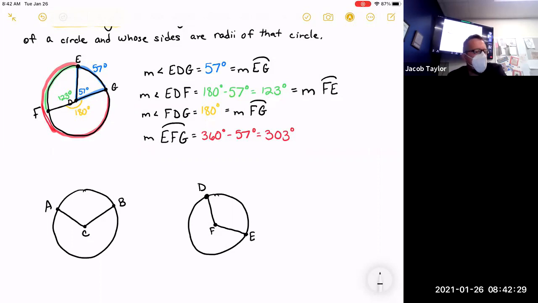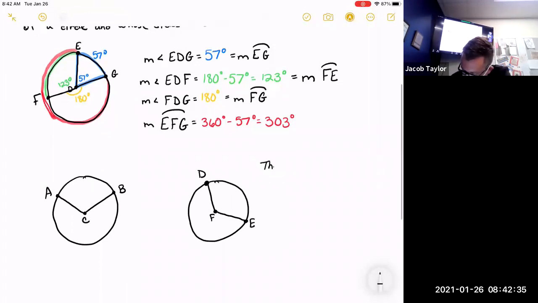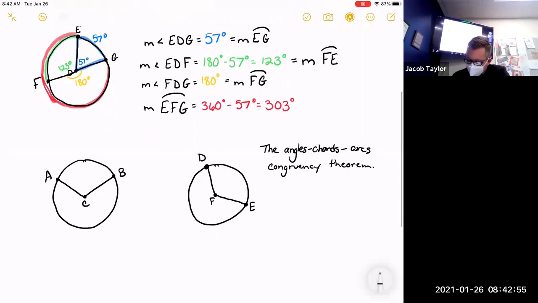So, this is called the angles, chords, arcs congruency theorem. And here's what it says.